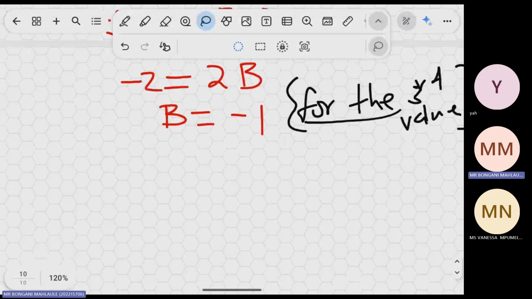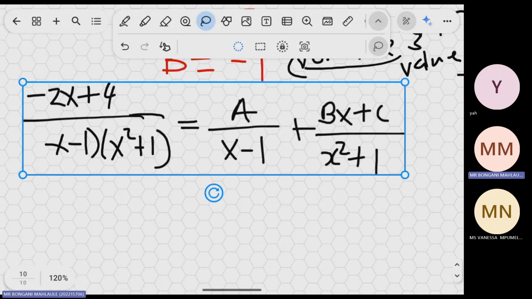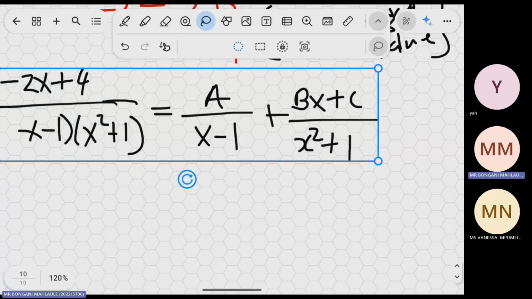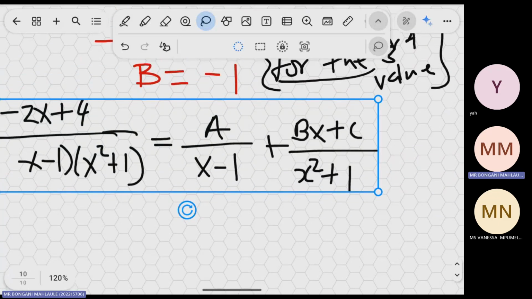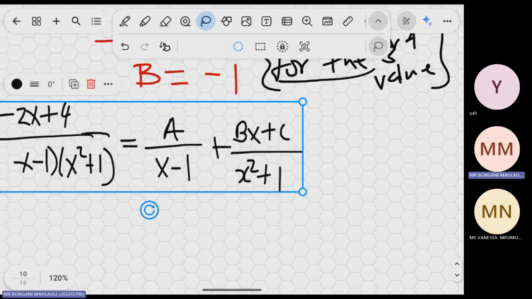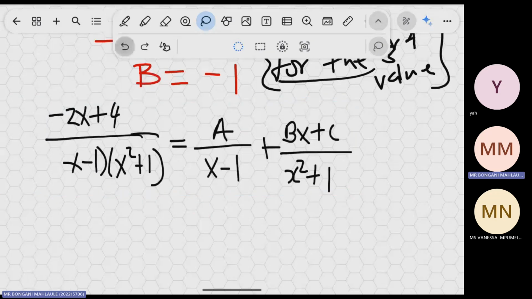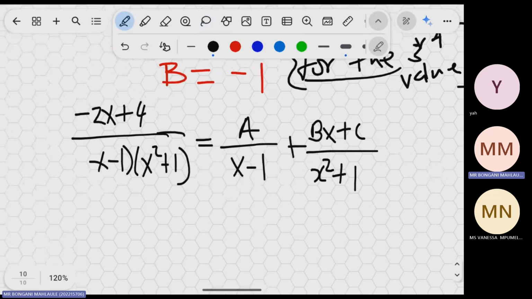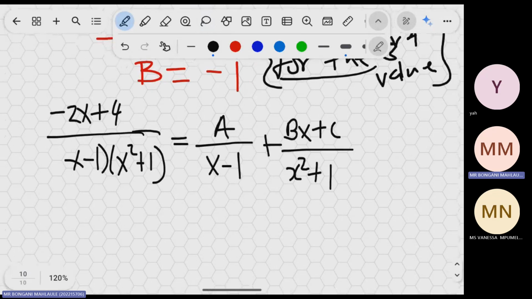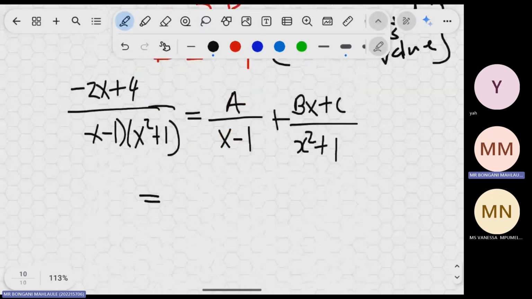Now we're here. So now what we're going to have, we're going to have our value of A. We got 1. So this will be 1 over x minus 1.